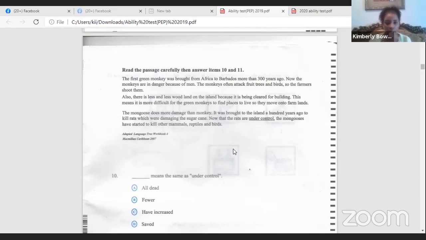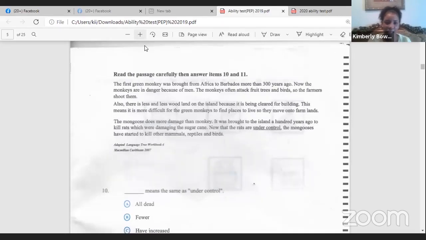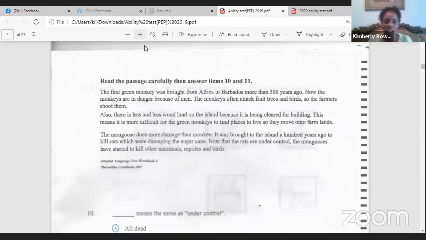So there's a passage here on the 2019 past paper. Let me zoom in on green monkeys, or not green monkeys. Well, yes, just monkeys in general.